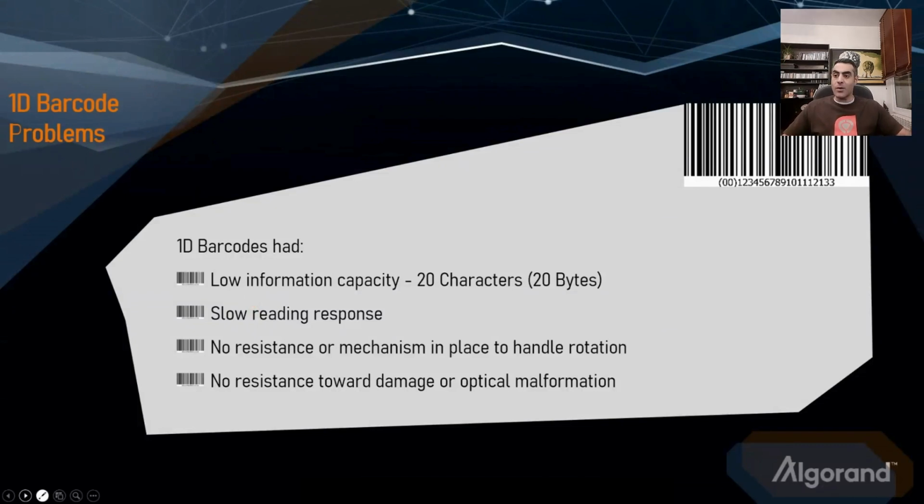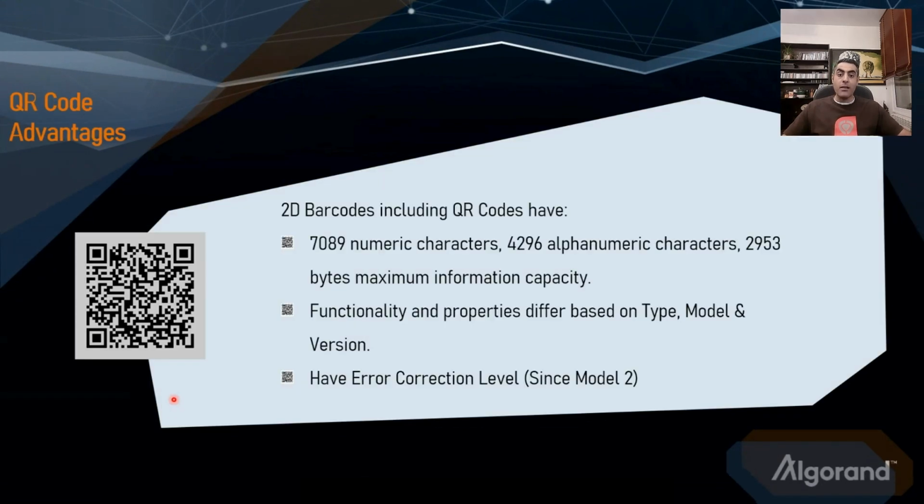So if we continue, I can tell you what QR codes brought to the table. They brought a higher information capacity, of course. The maximum information capacity of 7,089 numeric characters is not that bad, huh? That sounds good. And they represent many different flavors of functionality and various functionalities based on types and codes.